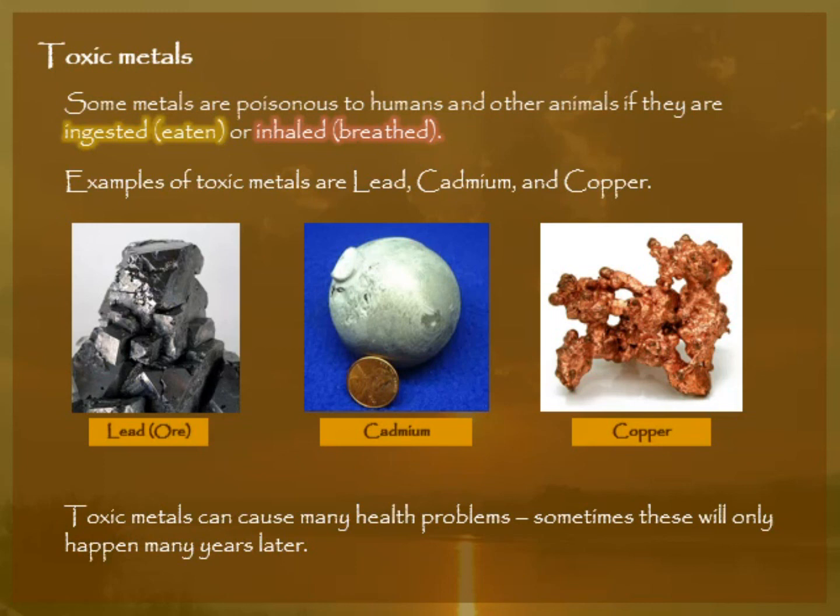Very often they bioaccumulate. In other words, they build up in the body, and once they are in the body, there is no process that the body has for getting rid of them. They build up over time. Eventually they cause health problems like interfering with brain function, which is one side effect of lead poisoning.